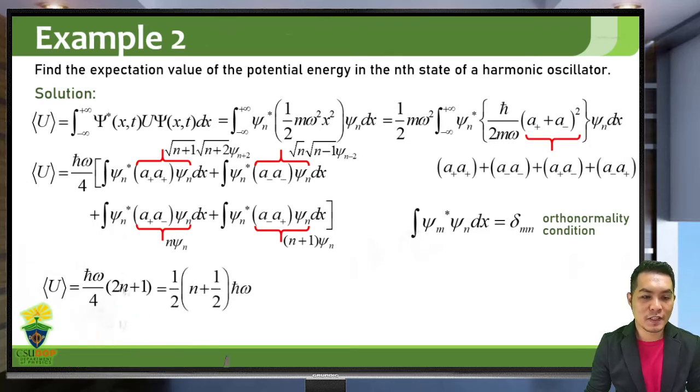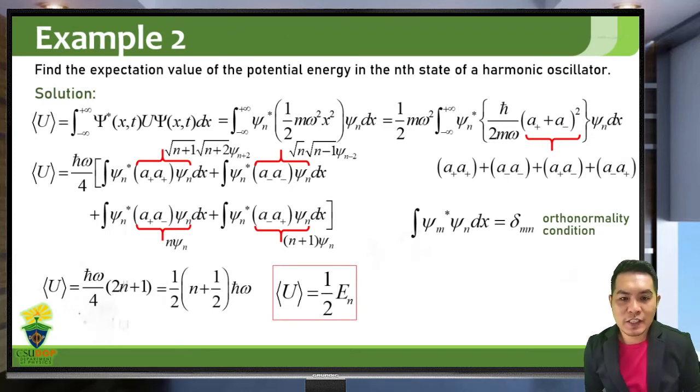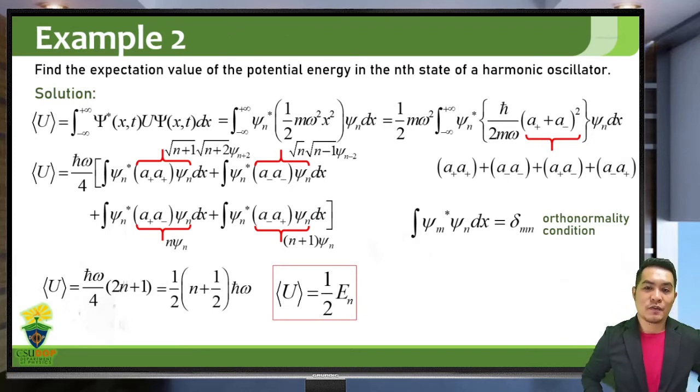And if you further simplify it, you have 1/2 times n plus 1/2 h bar omega, where n plus 1/2 h bar omega is our definition of En, the energy of the nth state of the harmonic oscillator. This means that the average potential energy of a particle in the nth state of a harmonic oscillator is 1/2 the energy of that state.